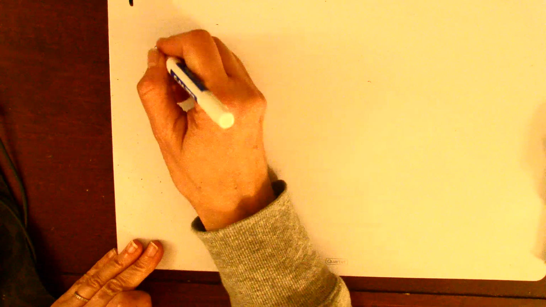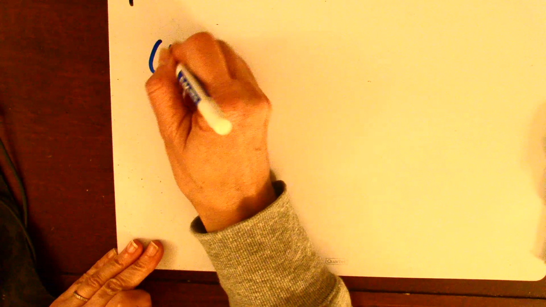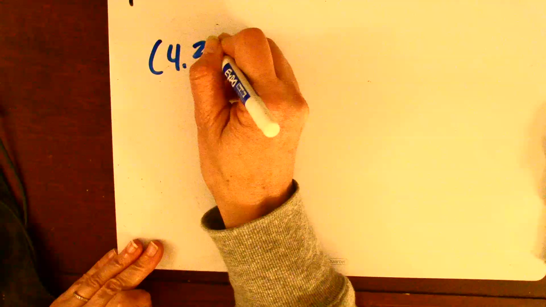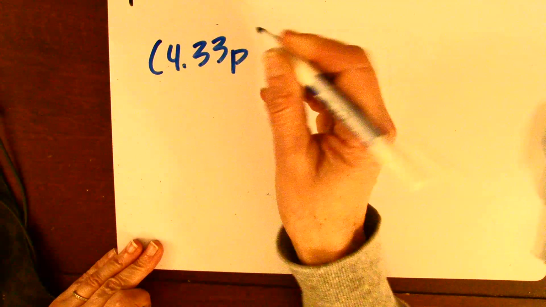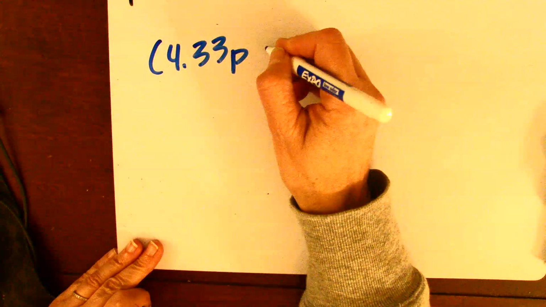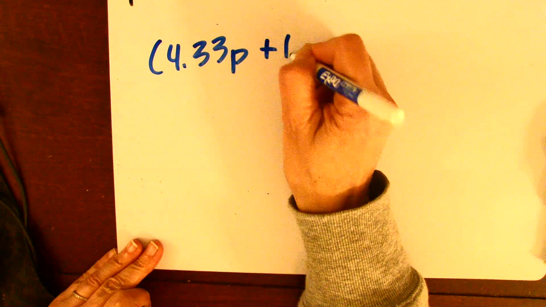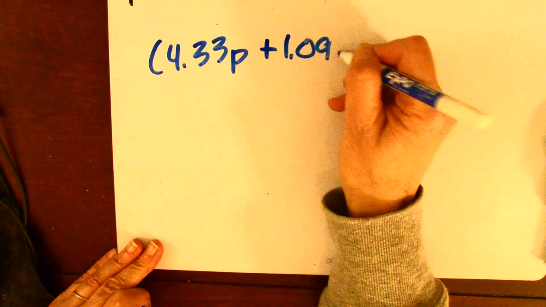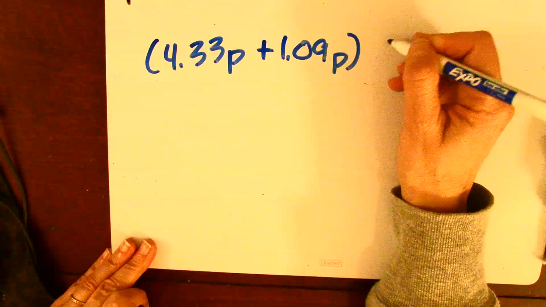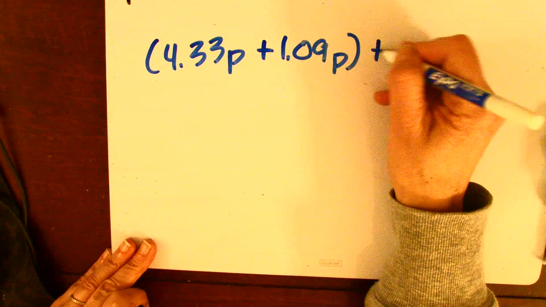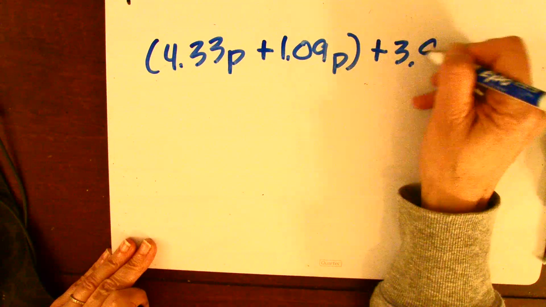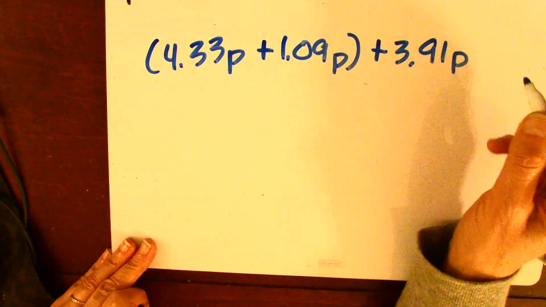We might have a group of 4.33p plus 1.09p in parentheses, and then we're going to add to that 3.91p.